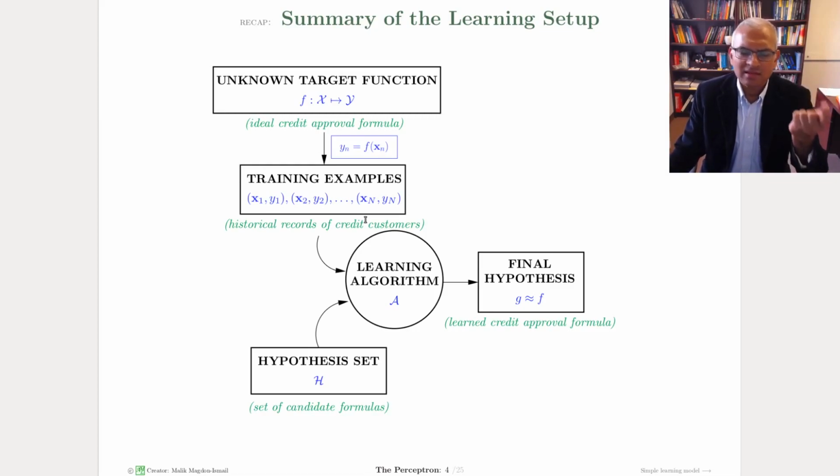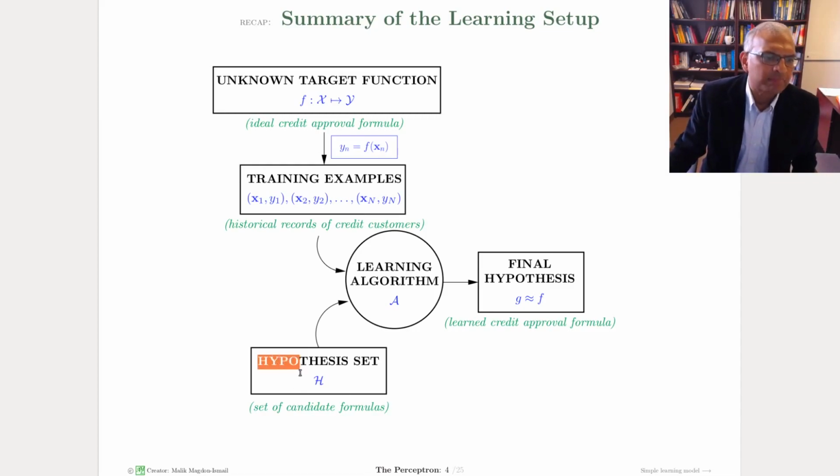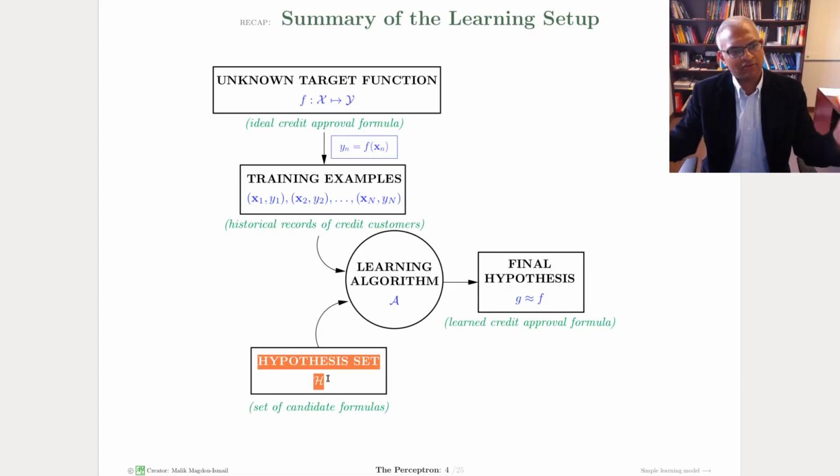Before you see the data, you must fix a hypothesis set H. Set of hypotheses, a set of candidate formulas for credit approval. Okay, and then you say, oh, that's very hard to do if I'm not allowed to know anything about f, I don't know f, and I haven't seen the data. Well, it looks like a restriction, but if you feel like it, set H to be every function in the world, and then you will not be faced with any restriction here.